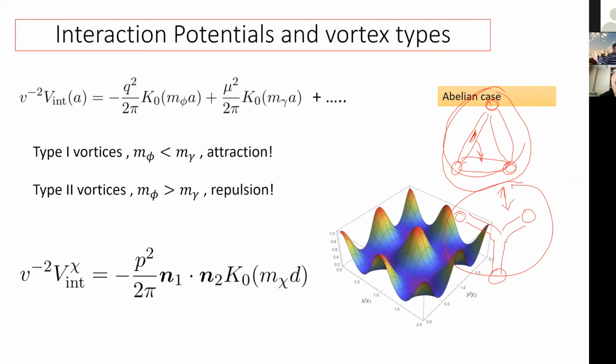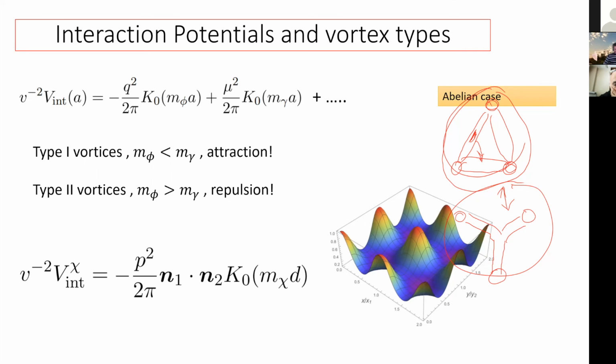So what you have to change in the pure Abrikosov model is this parameter kappa, which is the relation between the mass of the phi field and the mass of the A field. The critical point, or the BPS point, is kappa equals 1 over square root 2. At this point, you have no interaction whatsoever. It's BPS.